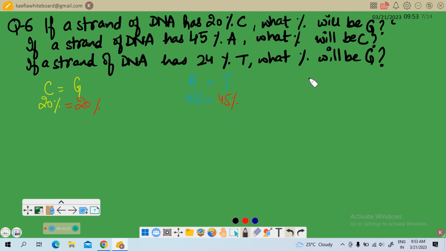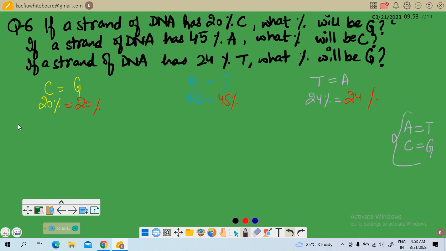Then if a strand of DNA has 24% thymine, if thymine is 24%, adenine will also be 24%, because this is according to Chargaff rule, A is equal to T and number of cytosine is equal to number of guanine.